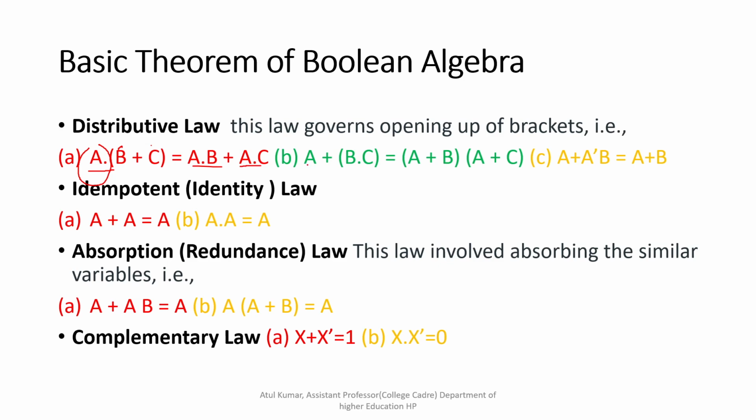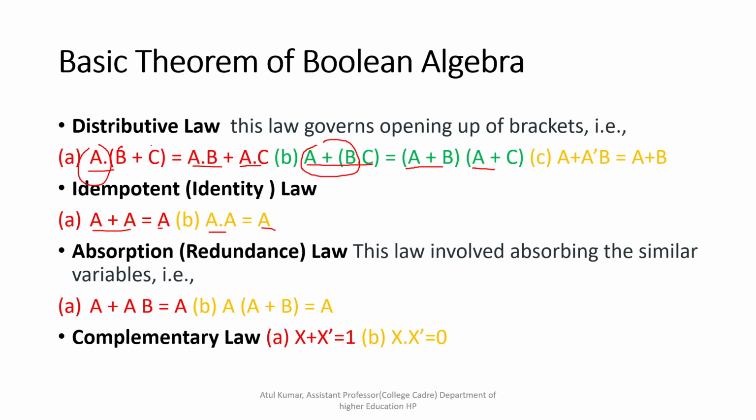Similarly, we have a plus (b dot c), where a is equally distributed between b and c, so it is equal to (a plus b) dot (a plus c). The next law is the identity law, also known as the idempotent law, and this law states that a plus a is equal to a, and a dot a is equal to a.